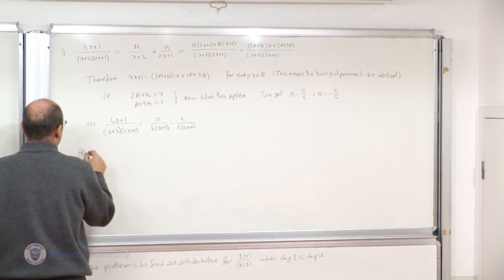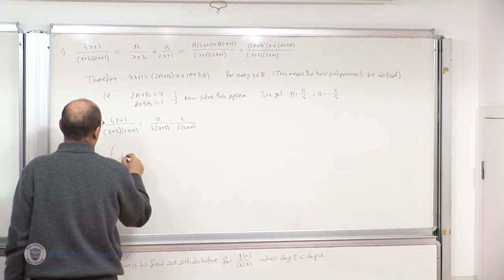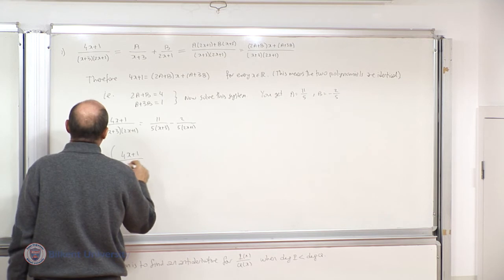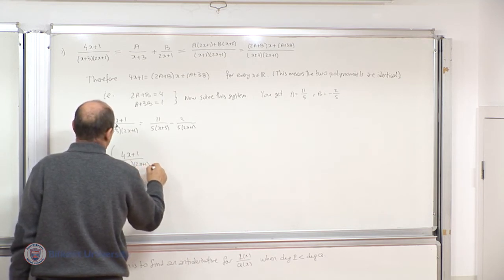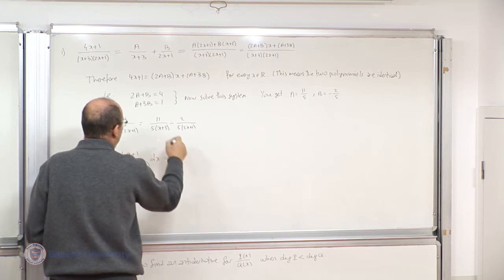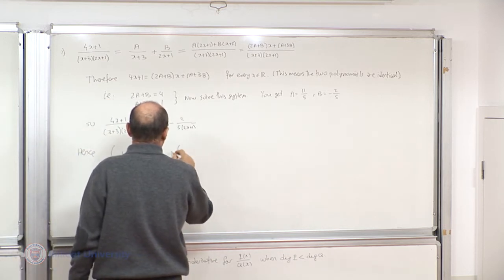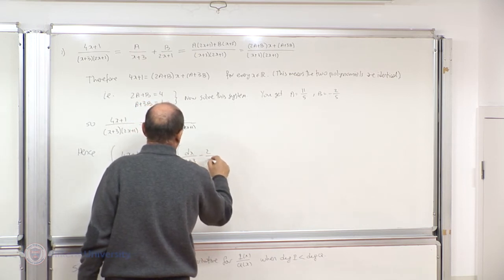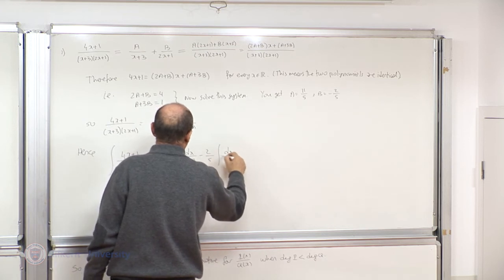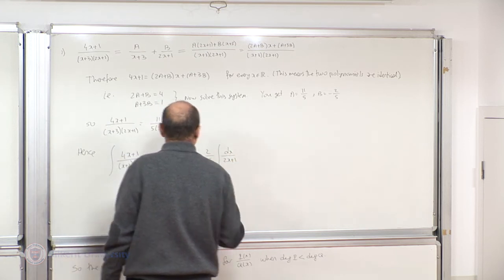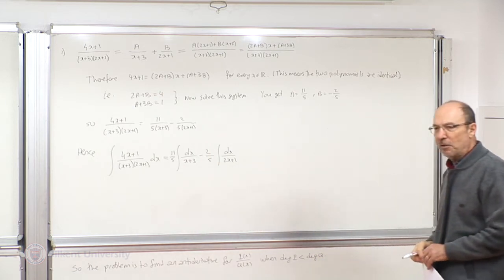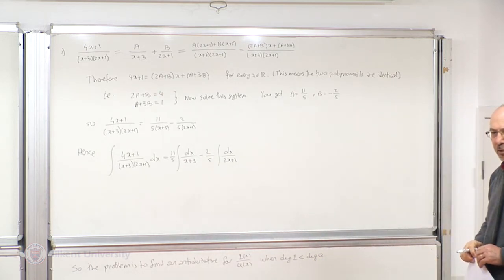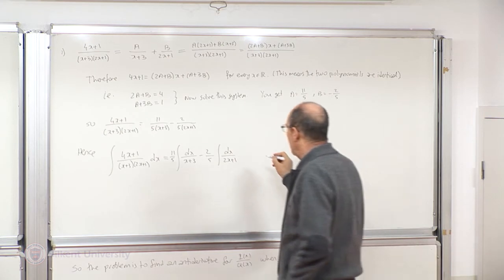Hence, finally, the integral of (4x plus 1) over (x plus 3)(2x plus 1) dx is equal to the integral of 11/5 dx over (x plus 3) minus 2/5 dx over (2x plus 1). The whole idea was to bring the integral to this form where we can now easily integrate.